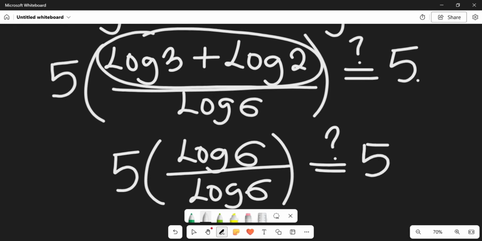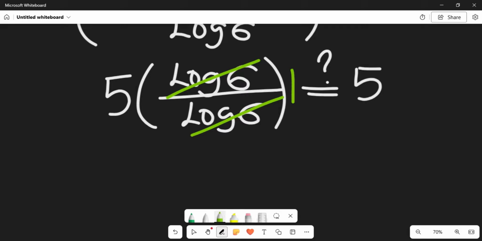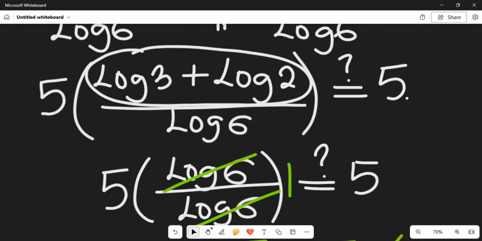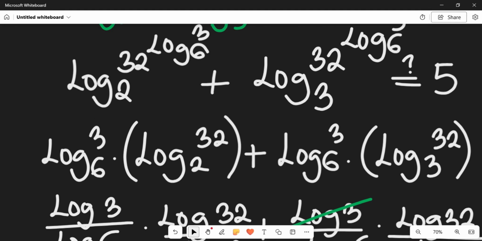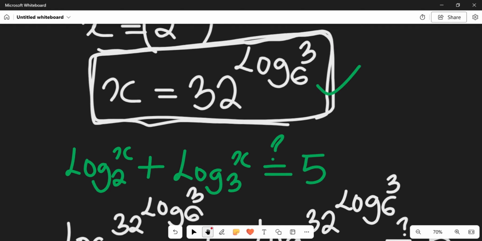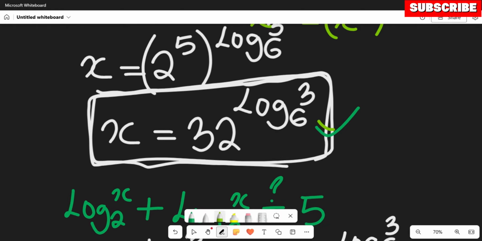I can see it coming out that the left hand side is becoming equal to the right hand side. So what do we have? Log 6 cancelling out log 6 to give us 1. 5 times 1 will give us 5, and this will be equal to 5. So you see, the left hand side is equal to the right hand side. So that means the expression we got is absolutely the solution to that logarithmic equation given to us up there, and that is this.